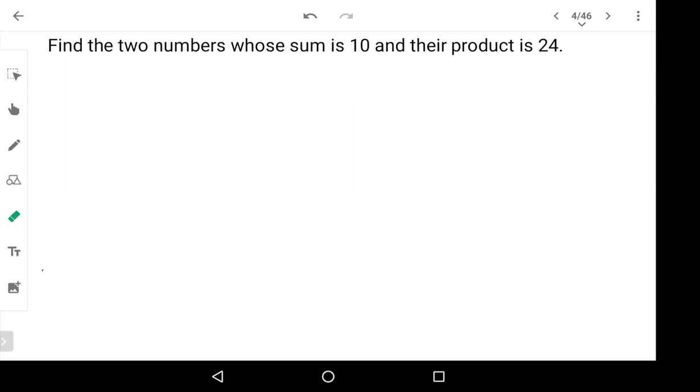Now let us see this question. Find the two numbers whose sum is 10 and their product is 24. See here, find the two numbers whose sum is 10. If we have two numbers, let's say x and y, and you add both of them, you should get 10.